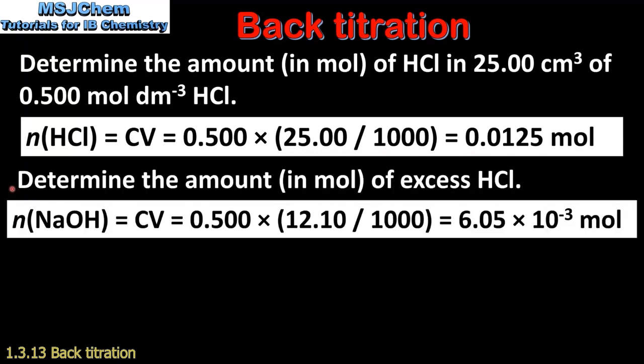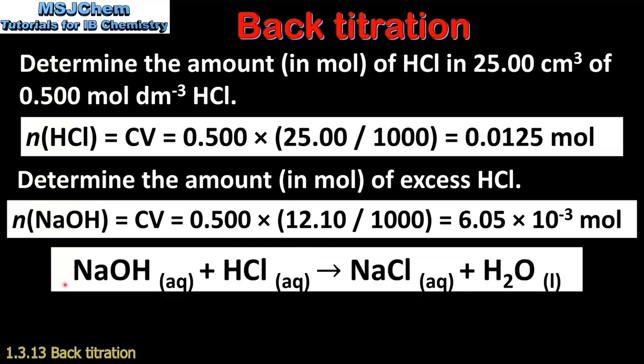Next, we determine the amount in moles of excess hydrochloric acid. To do this, we calculate the amount in moles of sodium hydroxide that reacted with the excess hydrochloric acid. So that's 0.5 times 12.10 divided by 1000. And this gives us 6.05 times 10 to the negative 3 moles.